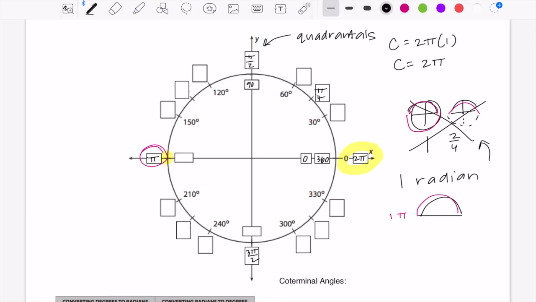Okay, so again, this was pi over 4, 2 pi over 4, 3 pi over 4, 4 pi over 4, 5 pi over 4, 6 pi over 4, 7 pi over 4, and 8 pi over 4. Okay, math is awesome that way.